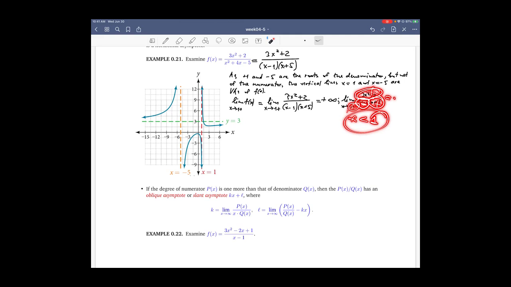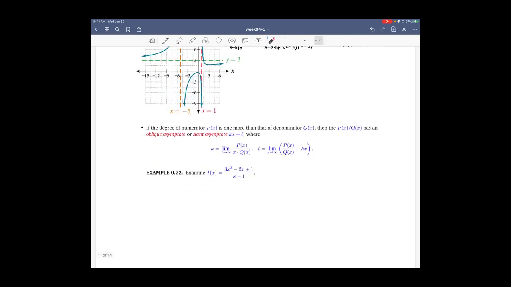So the entire fraction will be negative. So the limit is negative infinity. And that's exactly what we see in the picture.